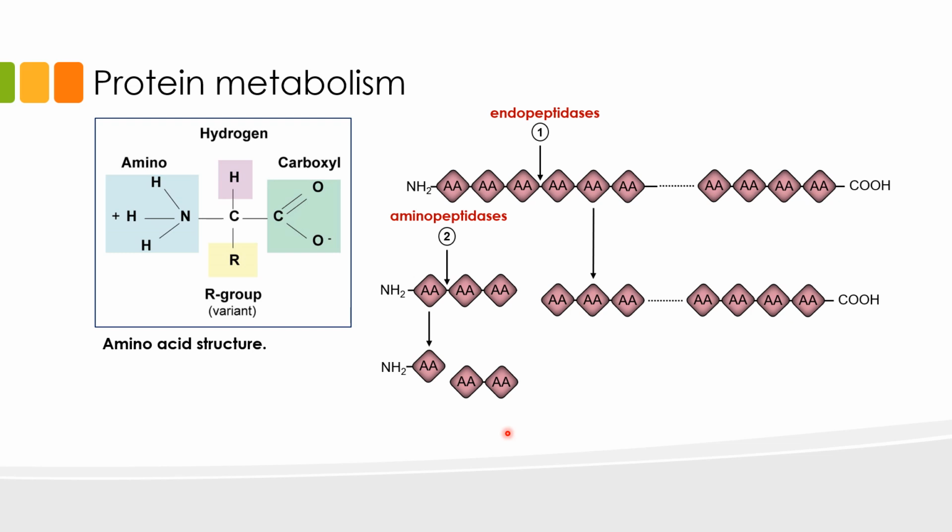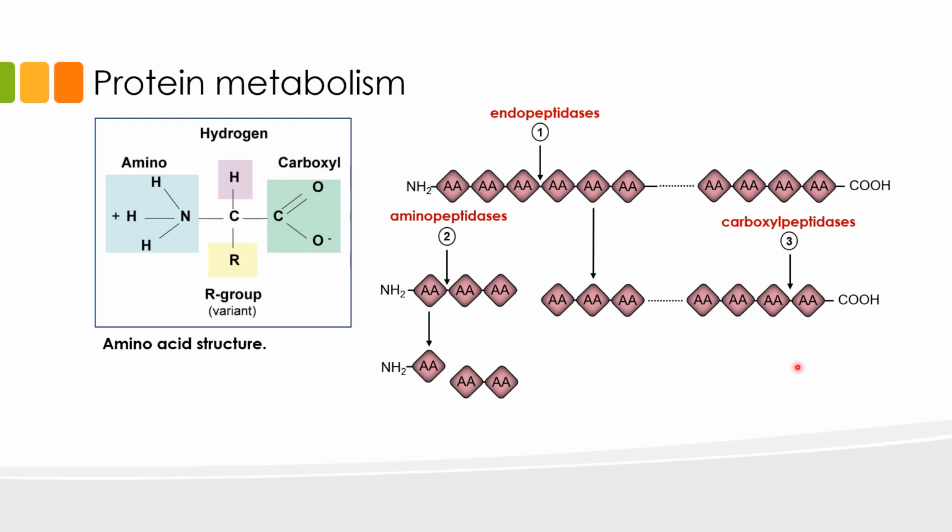And then we have the carboxyl peptidases. As the name implies, carboxyl peptidases cut through amino acids in the carboxyl end of the protein. Again, if we go back to this basic structure of an amino acid, the carboxyl end is the end having the carbon attached to the oxygen atoms.